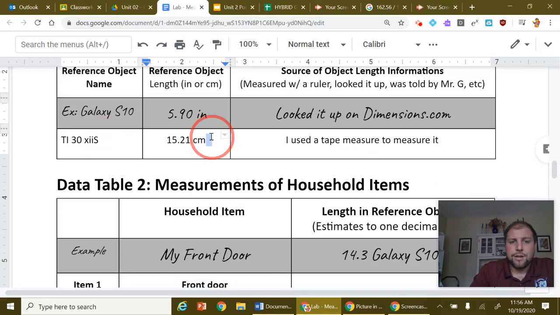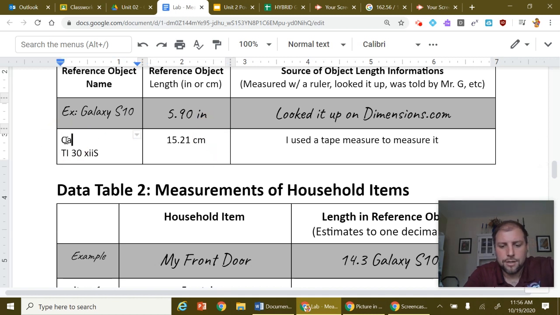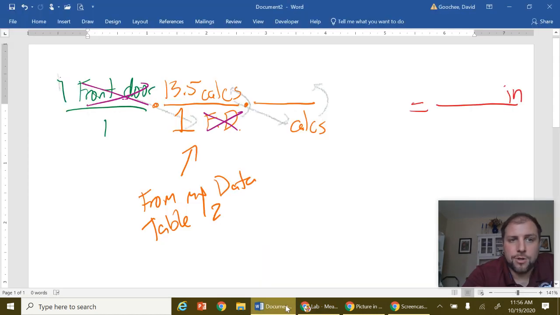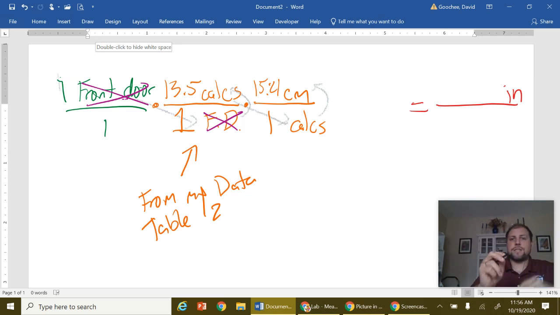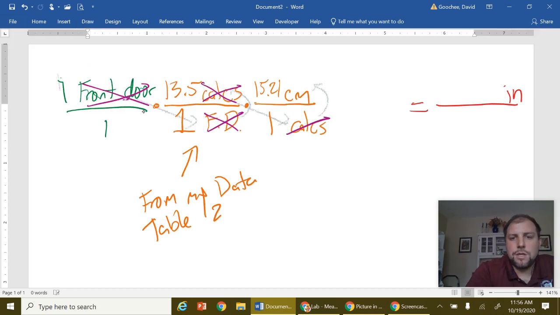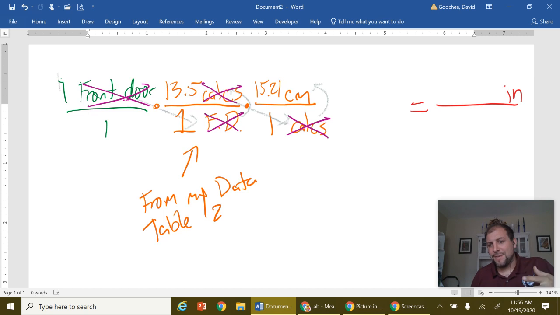My calculator was 15.21 centimeters. So I can convert this calculator into centimeters. One calculator is 15.21 centimeters. And now I am out of the unit of calculators and into the unit of centimeters.